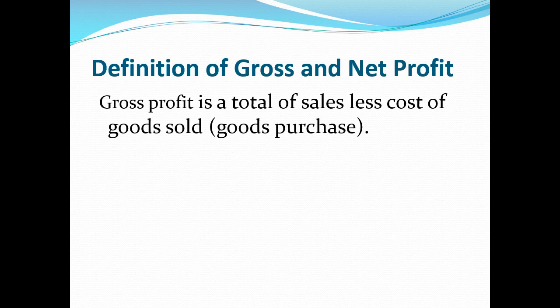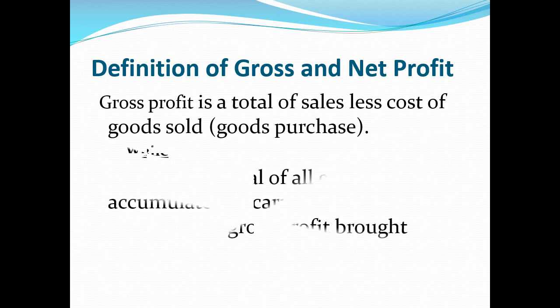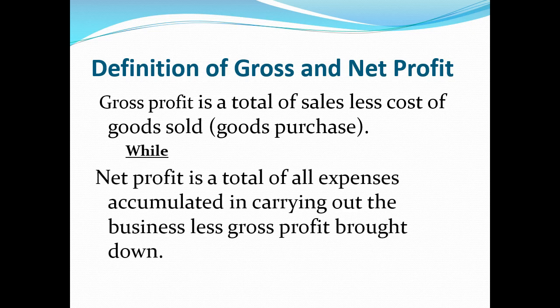Gross profit is the total of sales less cost of goods sold, that is, goods purchased, while net profit is the total of all expenses accumulated in carrying out the business less gross profit brought. That's the meaning of gross profit and net profit.